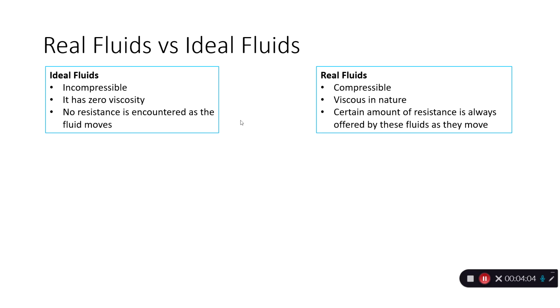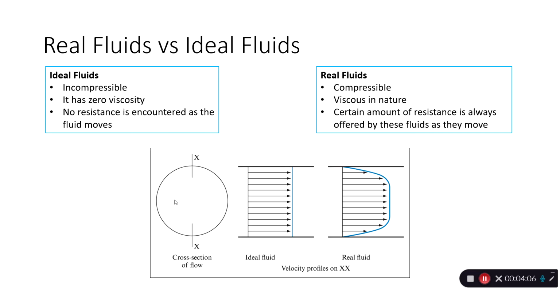Okay, so an example of this you can see in this diagram. You have flow moving through this, let's say circular pipe, and from the side this is the flow. This blue line and these arrows are representing the velocity of the flow. So in an ideal fluid where it has no viscosity, the velocity will be constant from the top to the bottom.